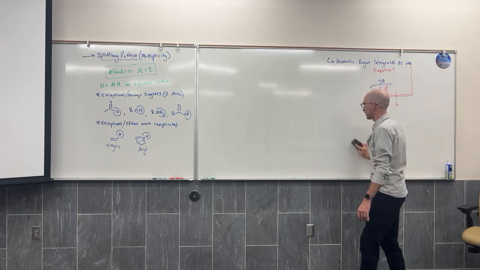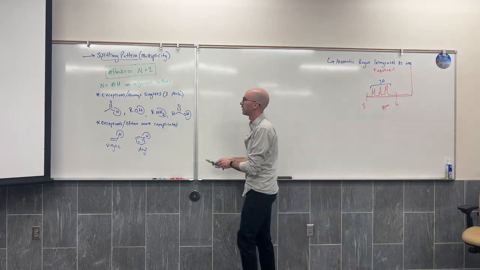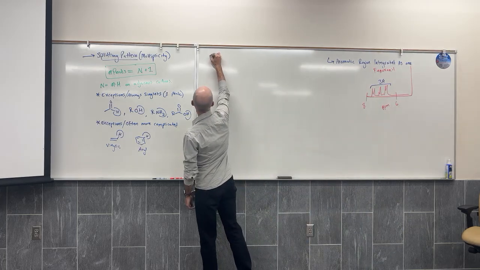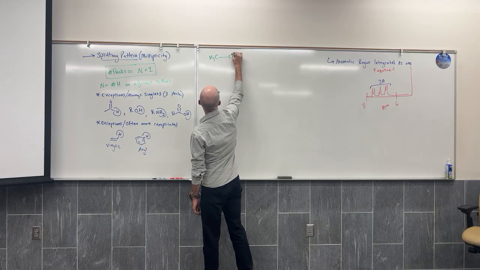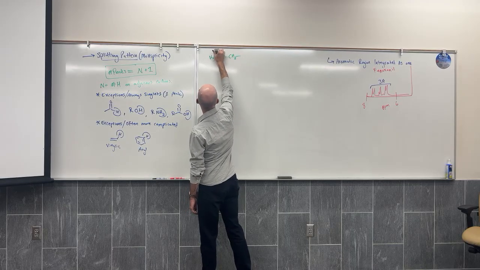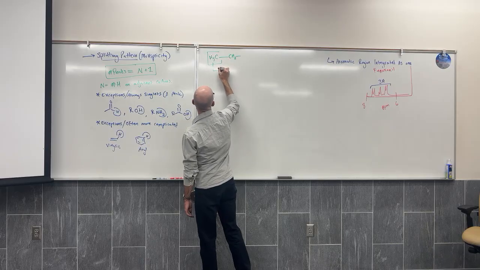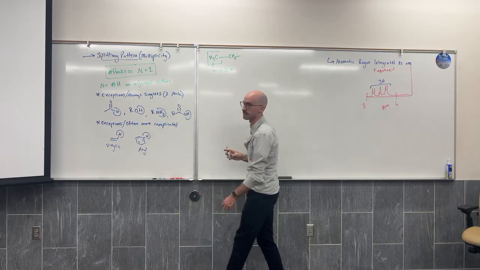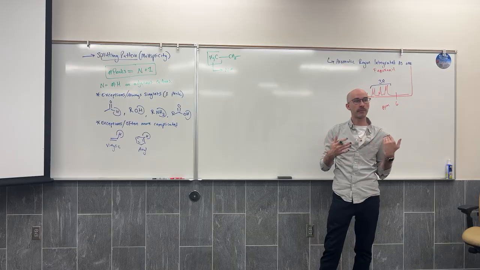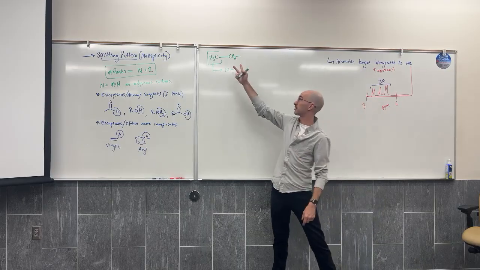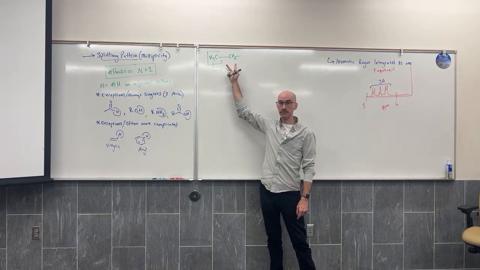Let's start with a CH3. If I have a CH3 that is bonded to a CH2, there are two neighboring hydrogens. Notice that these are not the same set.